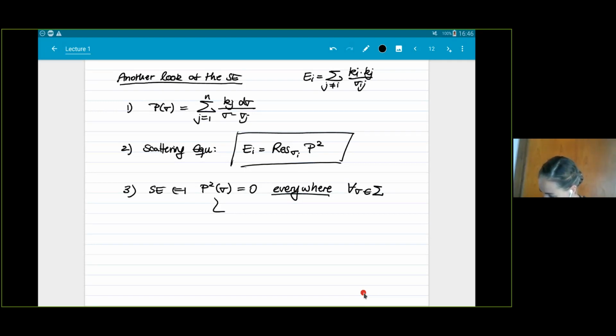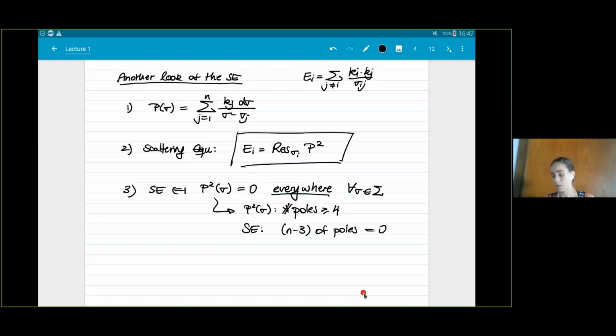So notice just by definition, the number of poles has to be larger or equal than 4 just by construction as a meromorphic quadratic differential. But our scattering equations tell us that it has only n, and n minus 3 of these are 0. So that concludes that indeed P squared is 0 everywhere.